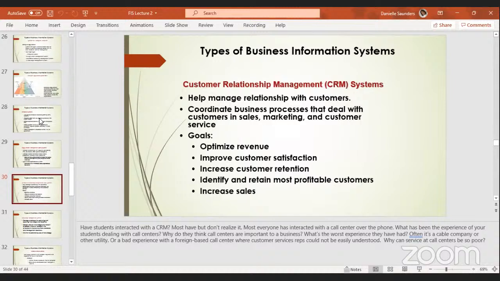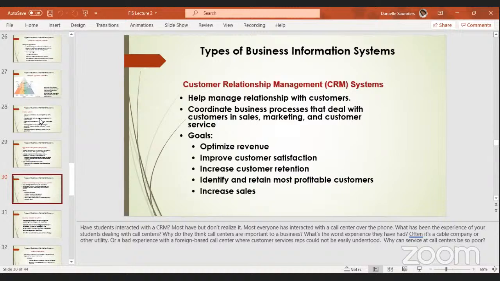You have the customer relationship management systems, and they are systems that manage relationships with the customers. So they tend to look at everything to do with the customer. It is all the business processes with the customer, everything from the beginning, sales and marketing, all the way to the service and the retention of the customers.